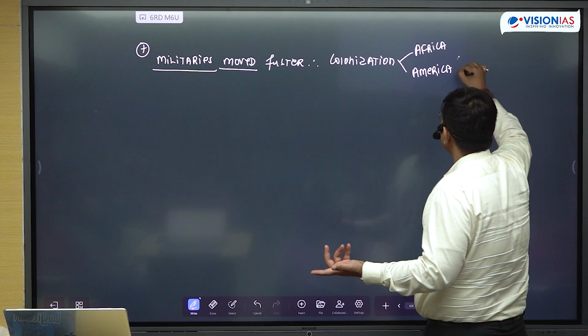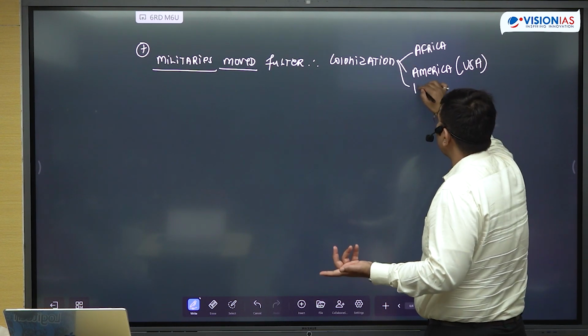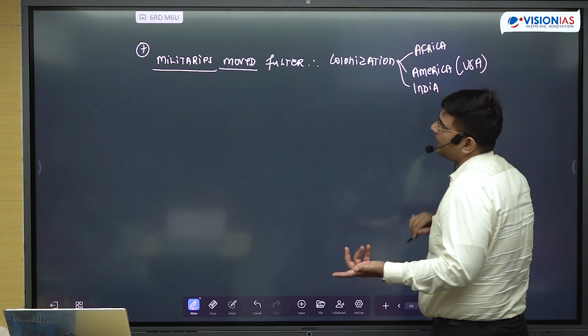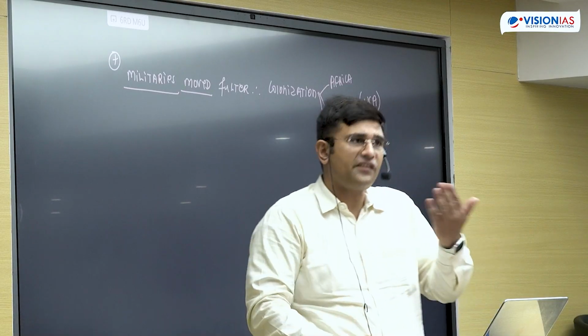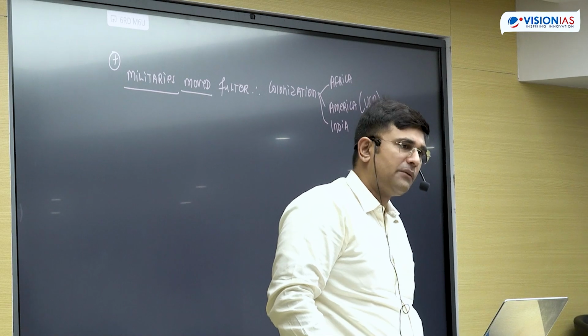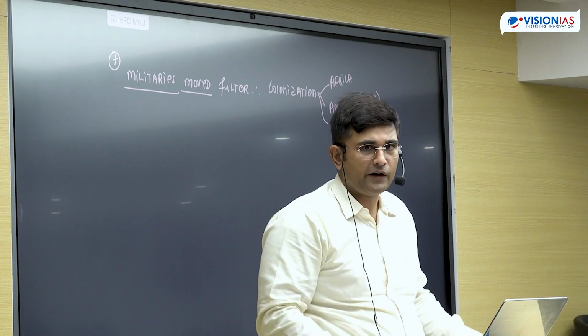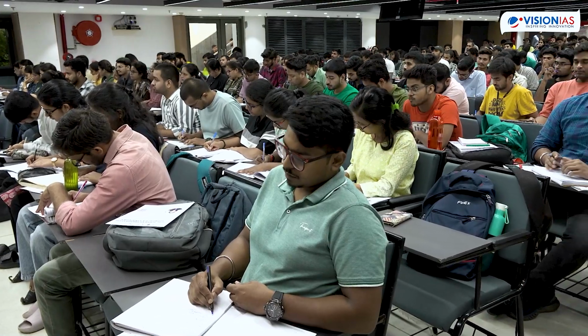America means North America, that is USA. Here the lands of the Native Americans were taken away. And be it in the case of India, right? Why? Because the militaries moved faster. So if there is any resistance, then with the help of the railways, the armies can move faster and therefore they can colonize better, right? So that is the impact of the railways.